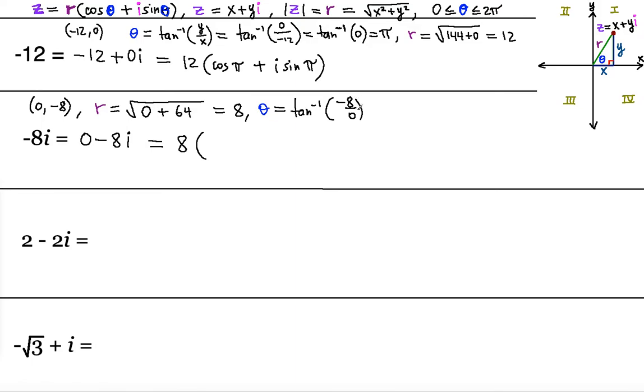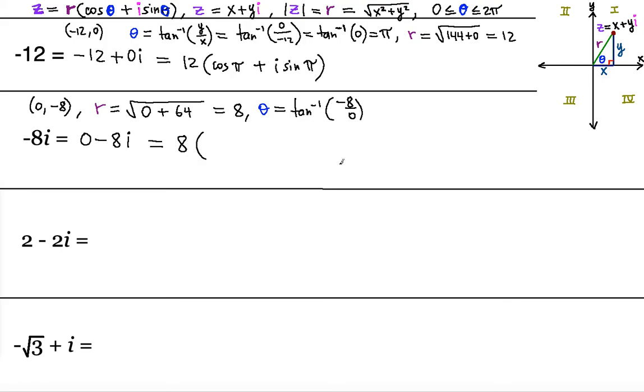So how do we know what the tangent is if it's undefined? Well, it's undefined in two cases: only when there's a pi over 2 angle, or when there is a 3 pi over 2 angle. In this case, since the point is on the negative y-axis here, we know that it's definitely 3 pi over 2.